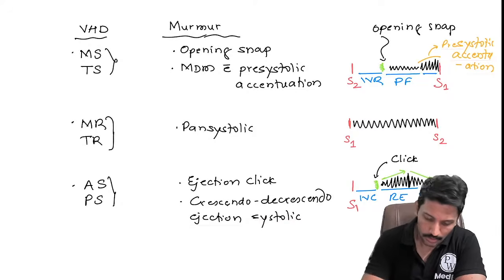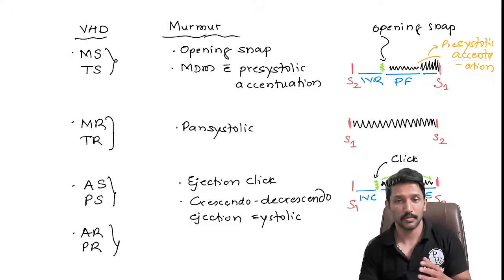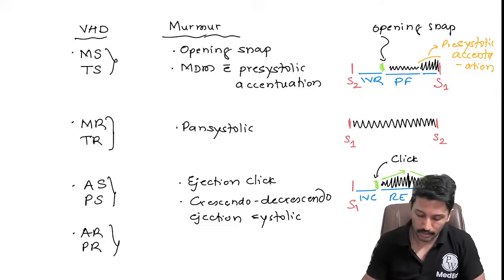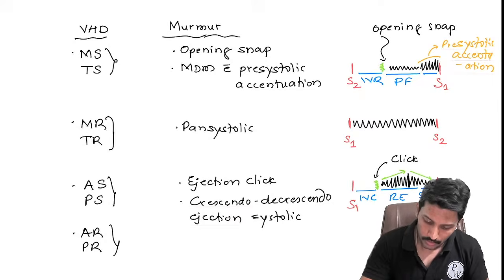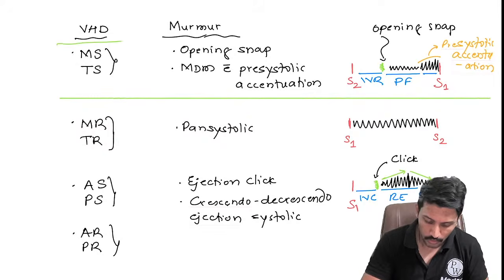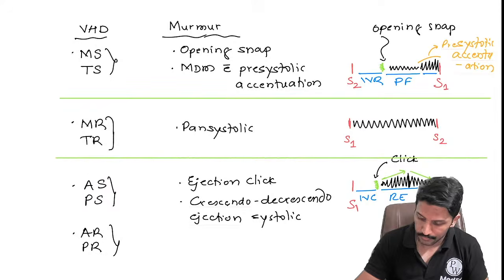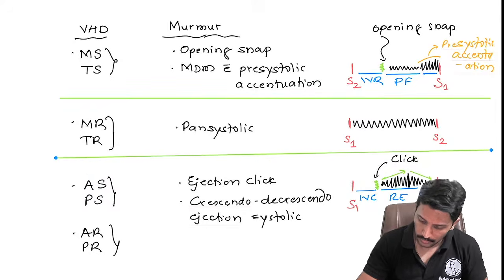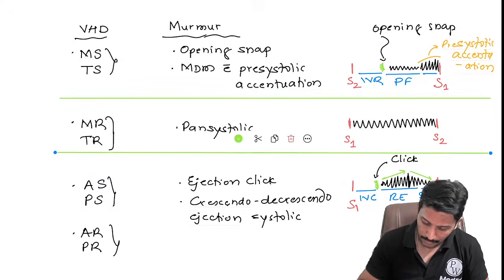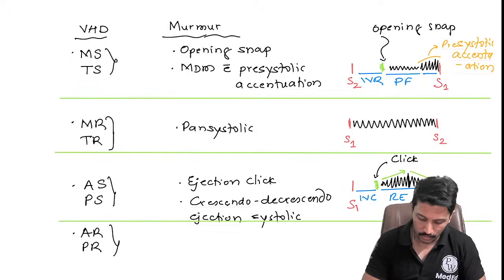Okay. Now what are we left with? We are left with aortic regurgitation and pulmonic regurgitation. So both of them produce the same murmur, which is going to be an early diastolic murmur. So the murmur of MS and TS was a mid-diastolic murmur. The murmur of MR and TR is pansystolic, while the murmur of AS and PS is ejection systolic.